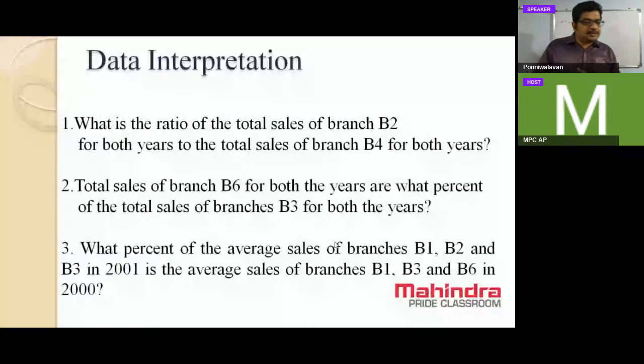So how do we find the percentage value? Don't forget the values. B6 by B3 into 100, or B3 by B6 into 100? That's my question. Give the general equation. B3 by B6 into 100 or B6 by B3 into 100.